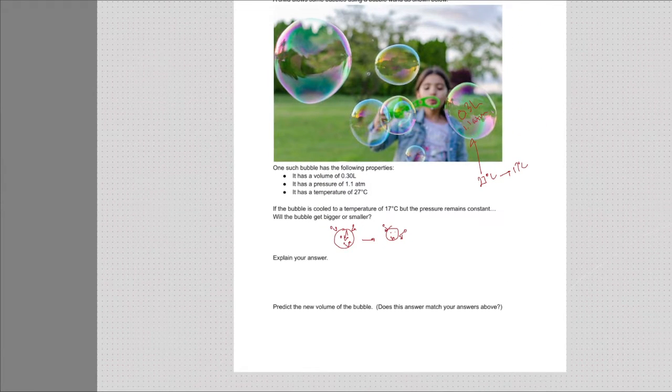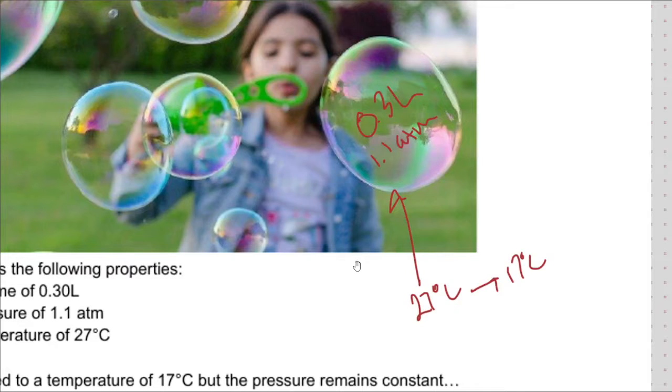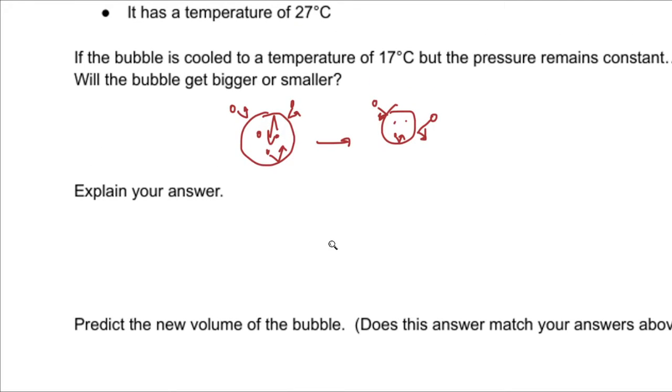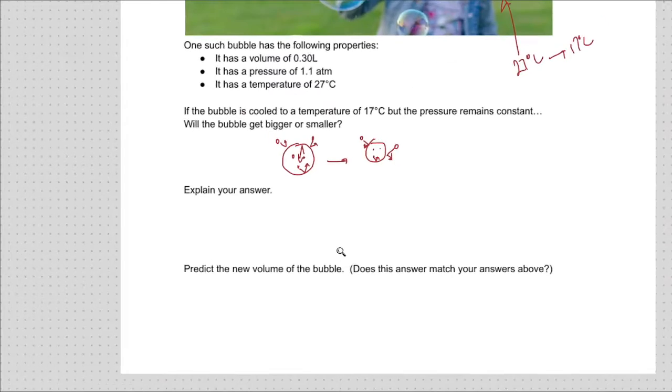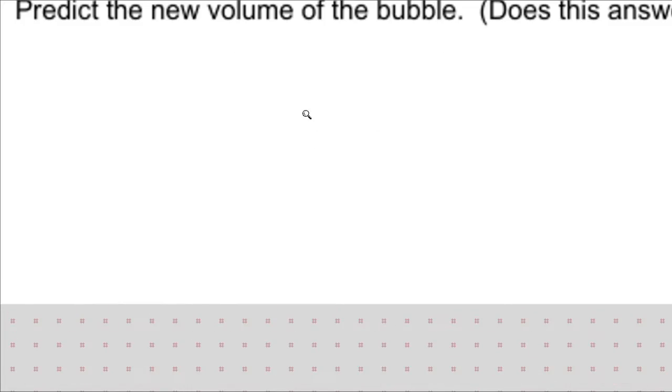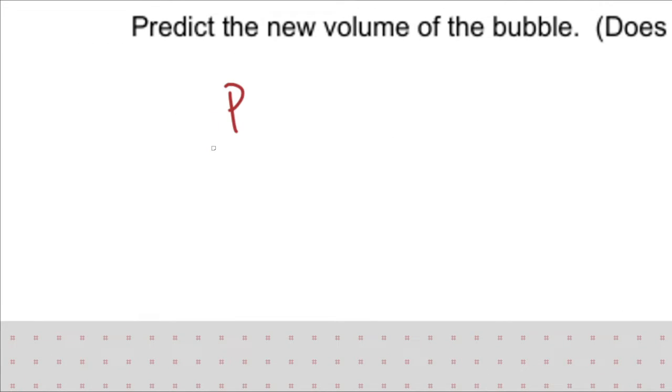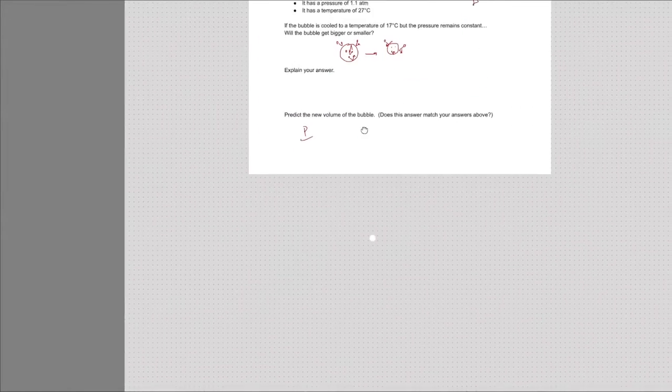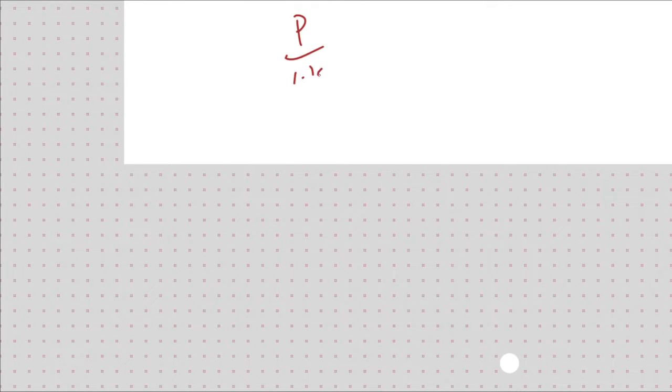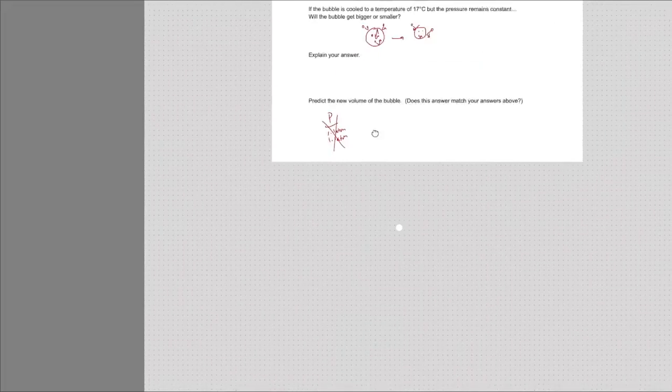So I'm expecting that the volume should get smaller. It's currently 0.30 liters, so I'm expecting something smaller than that. Let's work out how small it would have to be. I know that my pressure starts off at 1.1 atmospheres, but they don't mention it changing, and because the pressure is not changing, I don't have to worry about it.